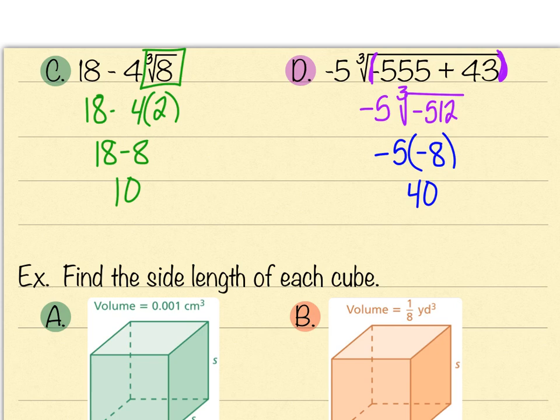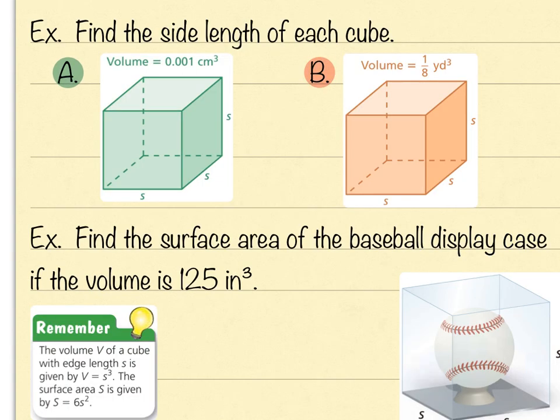Then I'm going to times that by negative 5, and we'll get positive 40. So make sure you show your work on these problems for your homework. These next two problems, just like the one we started off with this section, we're just cube rooting because we have the volume. So if I'm cube rooting 0.001, make sure you cube root it, not square root it, you'll get the answer 0.1. So S is going to equal 0.1 centimeters.